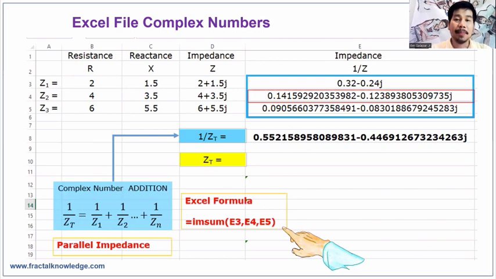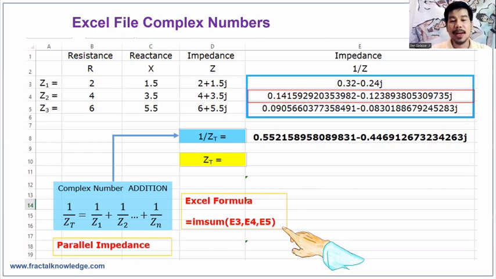If we want to add parallel impedances Z1, Z2, Z3, we have to do the inverse, 1 over Z, of the impedance first before adding them. I've done it in column E. Just type equals IMDIV, open parenthesis, 1, comma, D3 so that you can do the inverse. Once all the impedances are inversed, we can now add them.